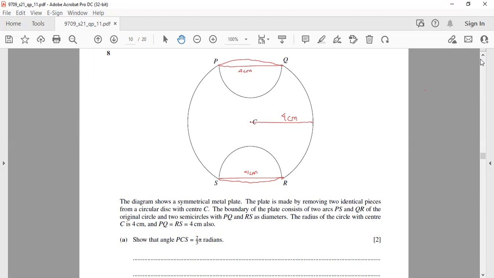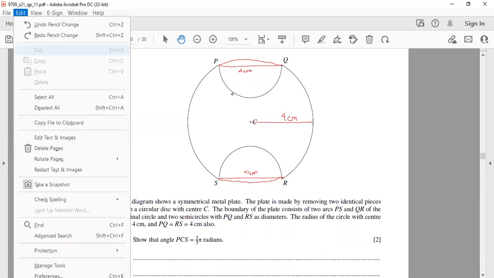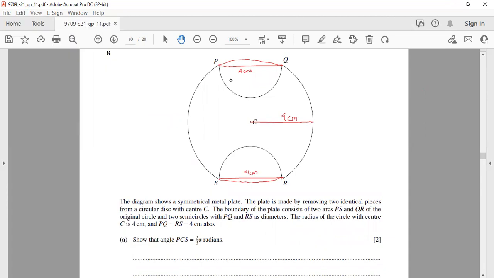So we need to show that angle PCS, this angle, is 2/3 pi.